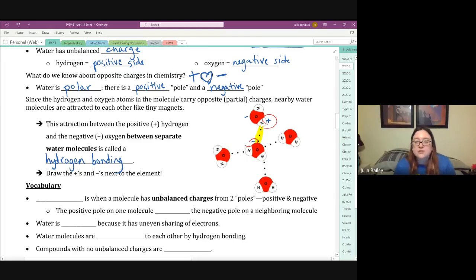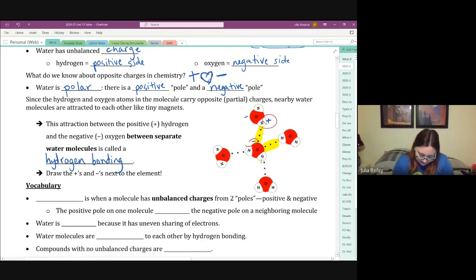And that attraction is called a hydrogen bond, where they just hang out by each other. They're like Netflix and chilling. They're not married. They're not going to stay together. Not that you have to be married to stay together, but they're just hanging out. And that's going to be true for lots of hydrogens to other oxygens that are not part of the molecule they're attached to.